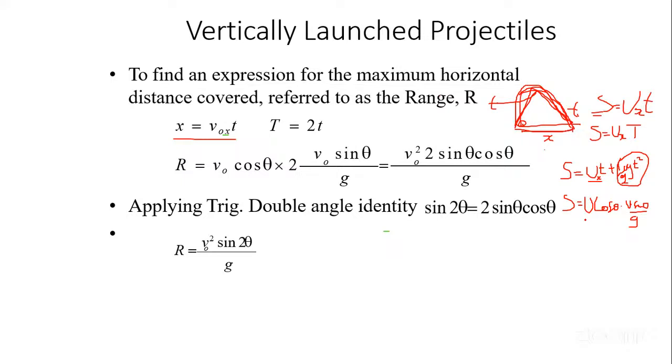So that will make our horizontal range have a 2 here: 2 u squared cos theta sine theta over g.